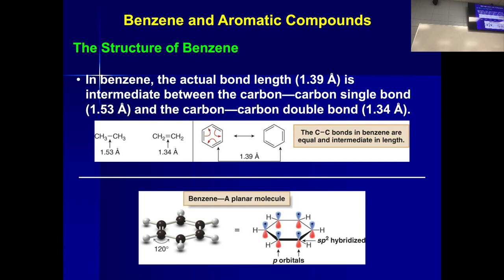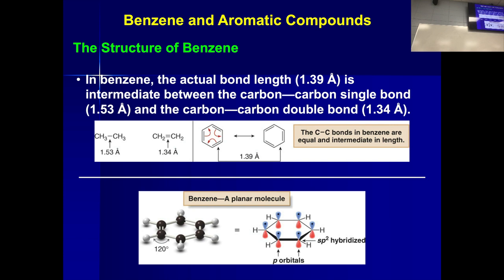I can push this double bond to here, I can push that double bond to there, and I can push that double bond there, and I can get another resonance structure that looks like this. All I've done is move the electrons around. And in fact, as he said earlier, it's constantly doing that. These electrons aren't really between these two carbon atoms or between these two carbon atoms. They are delocalized over the whole thing.